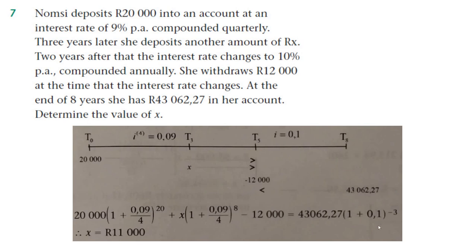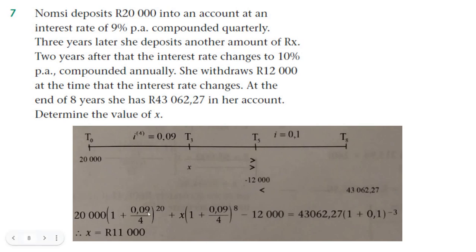So if you want to run this 43,000 back to what the value is right here after 5 years, it's so easy. Just multiply it by minus 3, and it'll go back in time to here. So 43,000 times 1 plus 10% to the minus 3. There we are, right there.